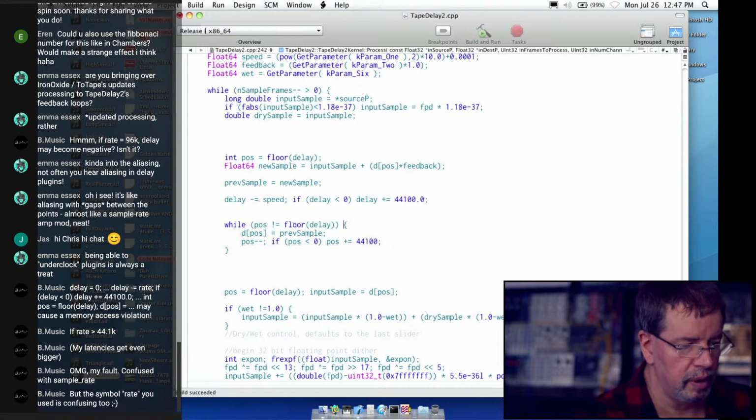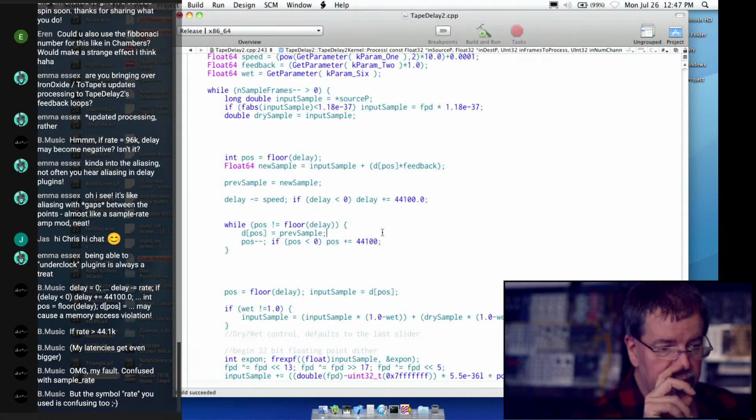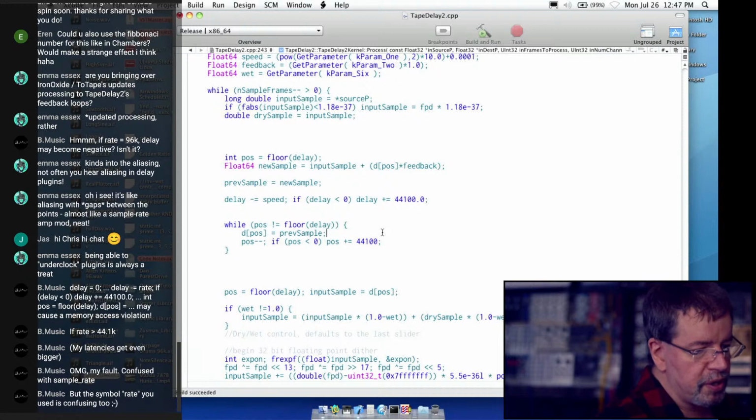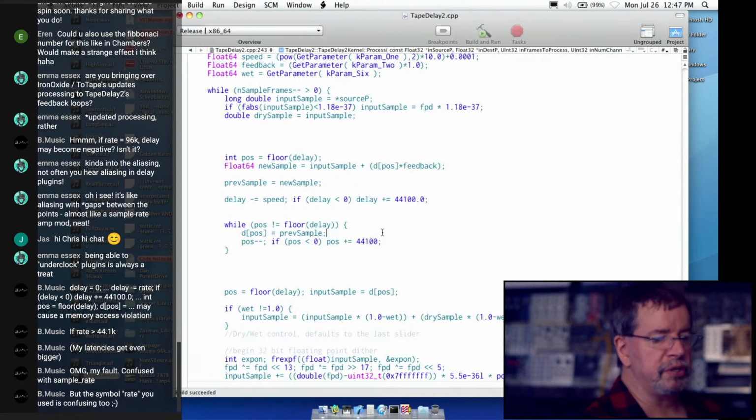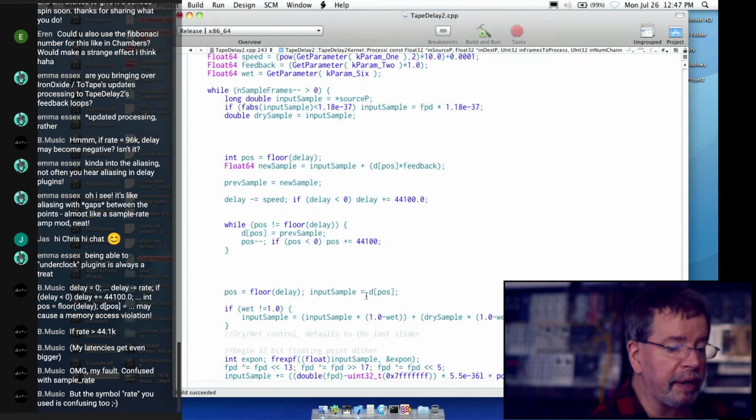So, in theory, what this is going to do is, and there's no bailout condition, so if it goes wrong, it can crash completely. But we are getting a new sample coming in, but we're not actually going to be dealing with that.